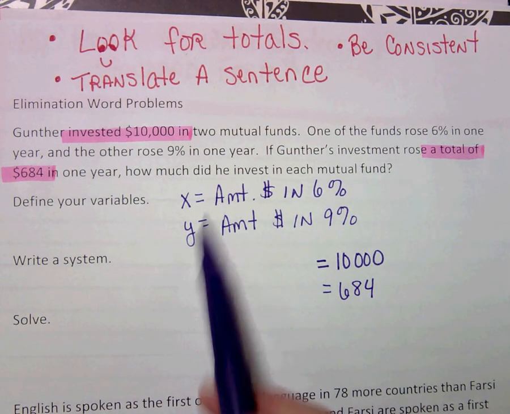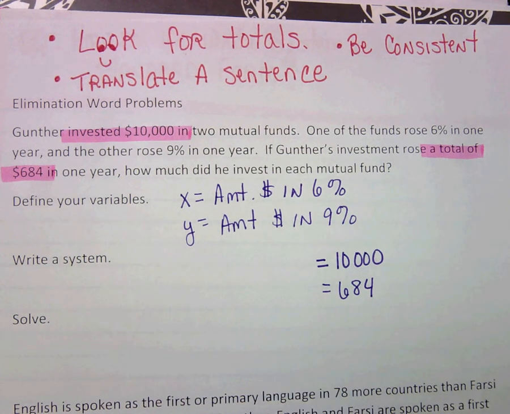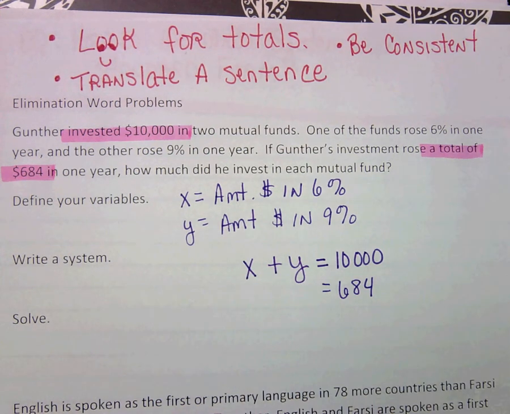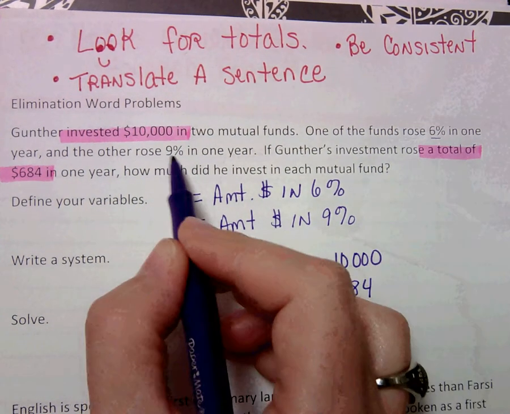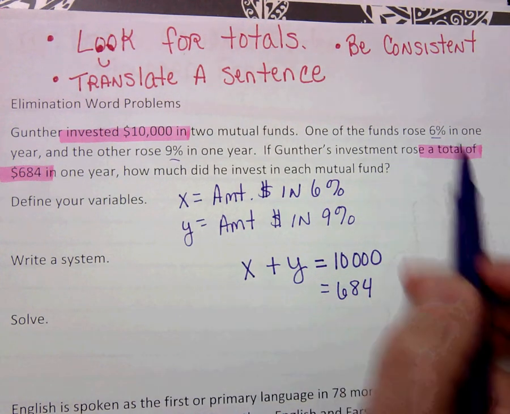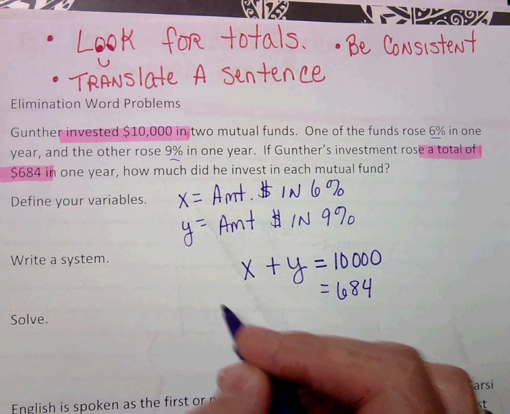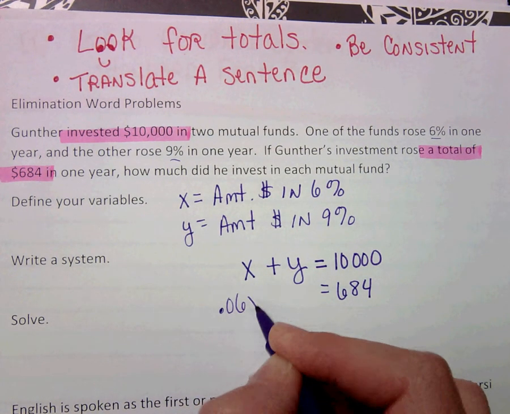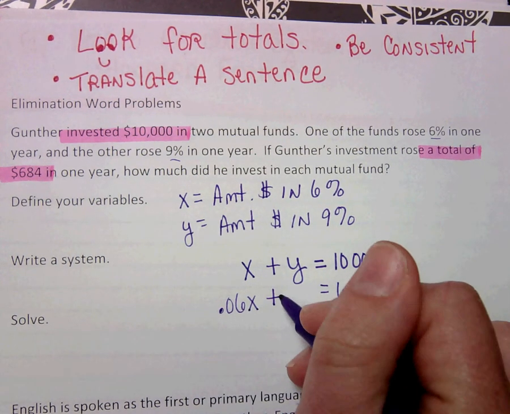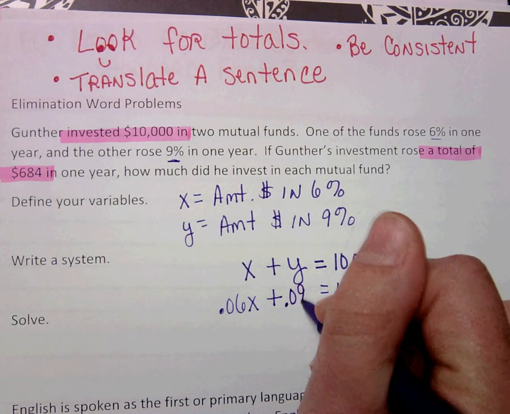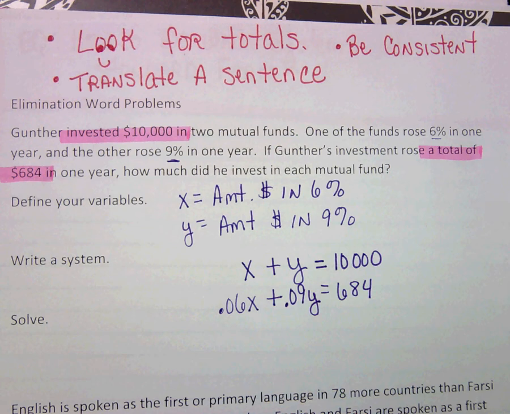So if X and Y represent the total amount that we put in each account, our first equation is simply going to be X plus Y equals 10,000. Our second equation is going to have to deal with our percents. So if we know he earned 6% off X dollars, then we're going to say 0.06X plus, and then in the other account it was 9%, so 0.09Y equals 684.